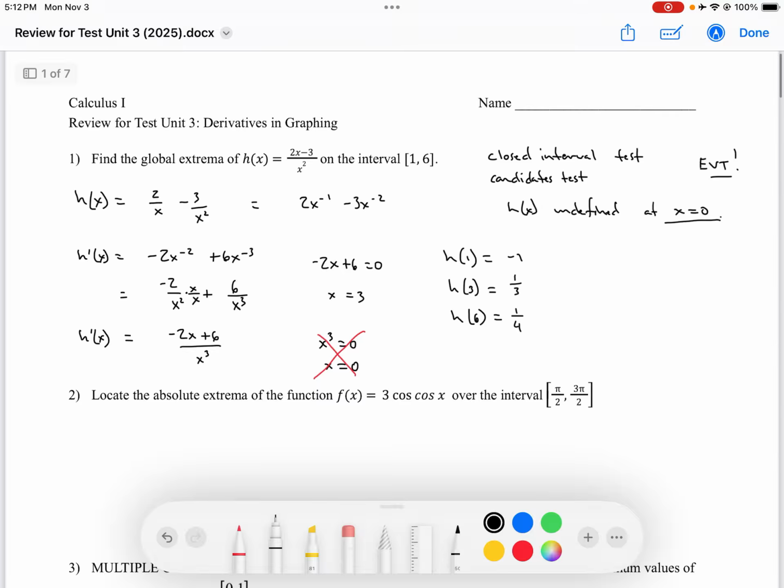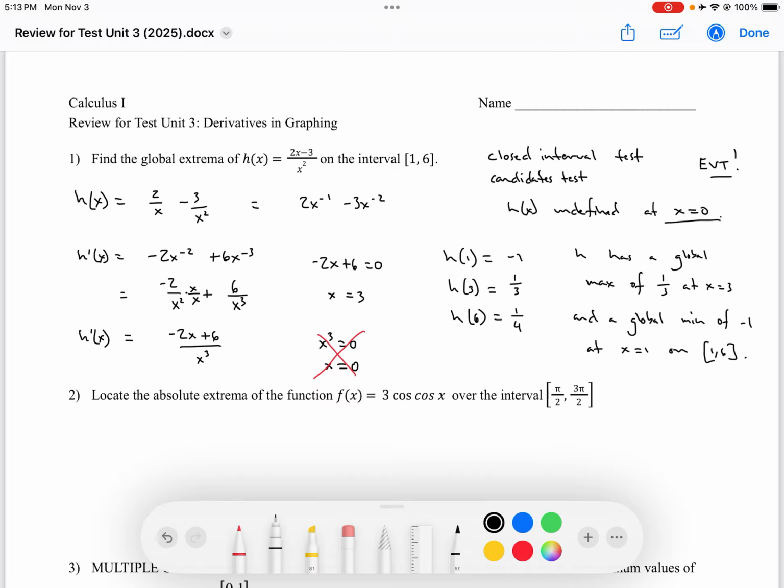And so I would say h has a global or absolute max of 1/3 at x equals 3, and a global min of negative 1 at x equals 1 on the interval 1, 6.